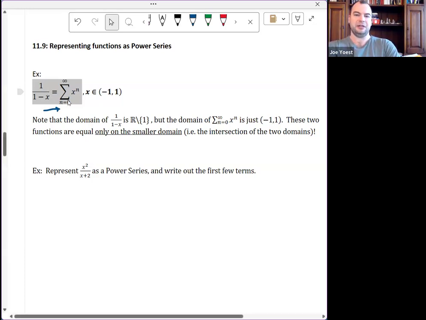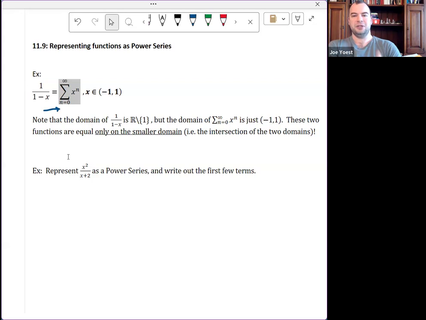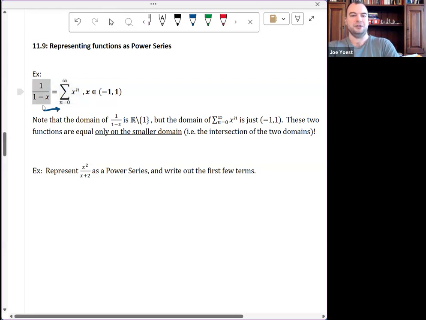But here we have to be very careful and thoughtful about the domain because, for one thing, looking at the right-hand side, we know it's the geometric series, we recognize this, but it doesn't jump out at you that x equals 1 should cause a problem. I don't see any divided by 1 minus x in the power series like I do over here.